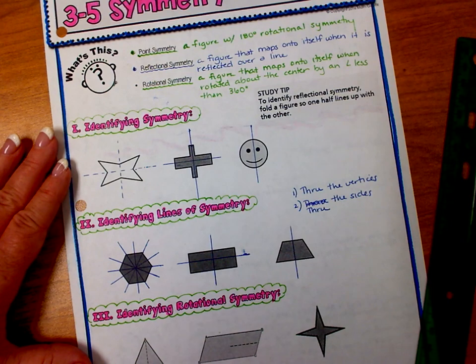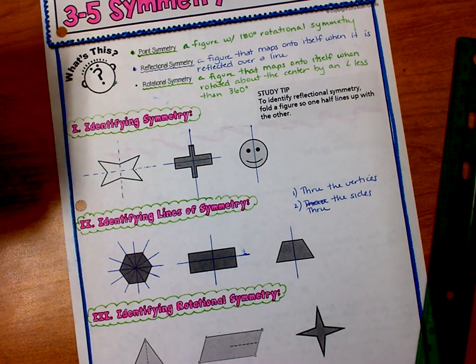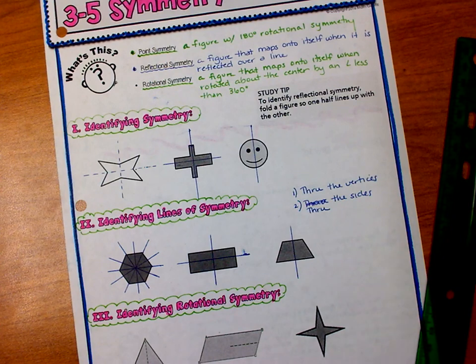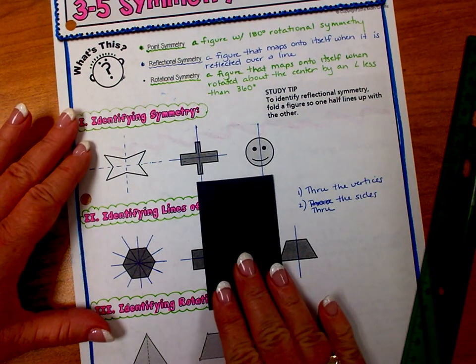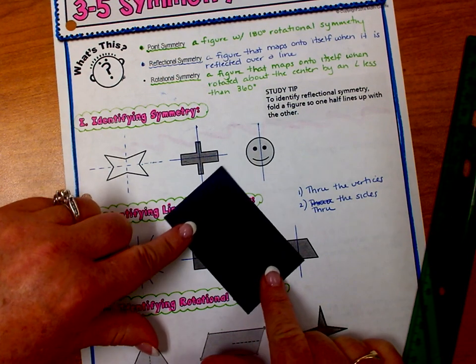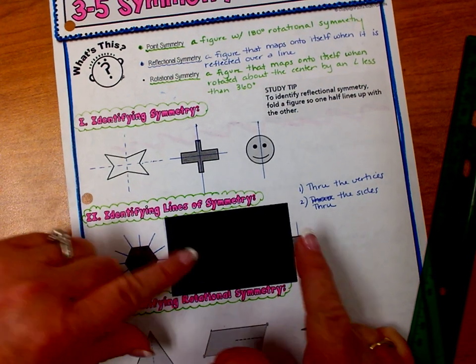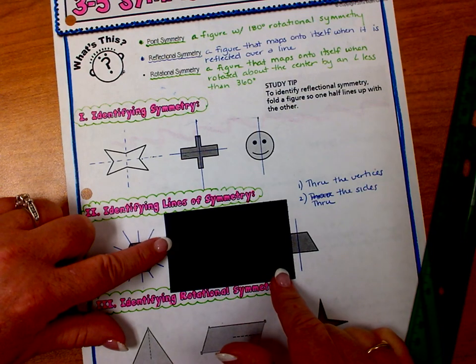Okay, let's identify rotational symmetry. We're going to take a look at some shapes before we do this. In order to have rotational symmetry, when you spin it, it needs to end up being the same orientation. So for example, if we take a look at this rectangle, if I turn it 90 degrees, I still have a rectangle, but now I have a short rectangle instead of a tall rectangle.